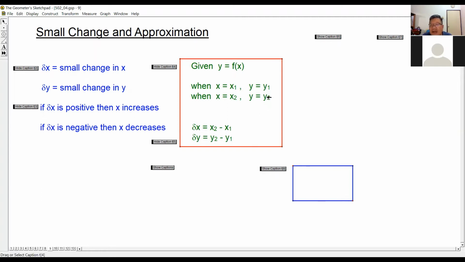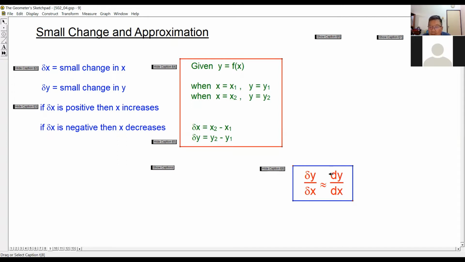Then similarly, I use the final value of y minus the initial value of y, so I have y2 minus y1, and this y2 minus y1 is the small change in y. So the formula for this topic is delta y over delta x is approximately equal to dy/dx.